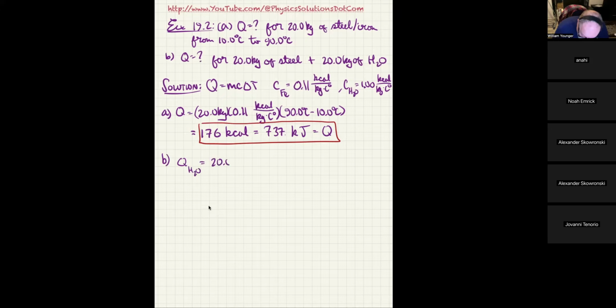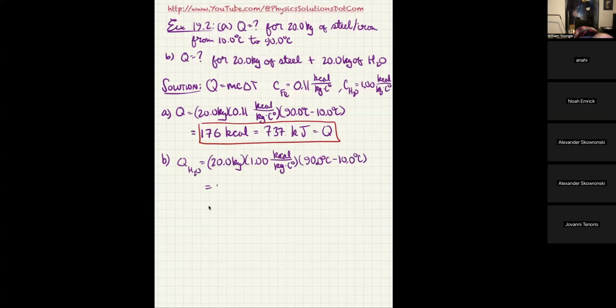So that's 20.0 kilograms times 1.00 kcal per kilogram Celsius degree times 90.0 degrees Celsius minus 10.0 degrees Celsius. And in this case, it becomes 20 times 80 basically, and that's 1600, which is way bigger than what we had before.